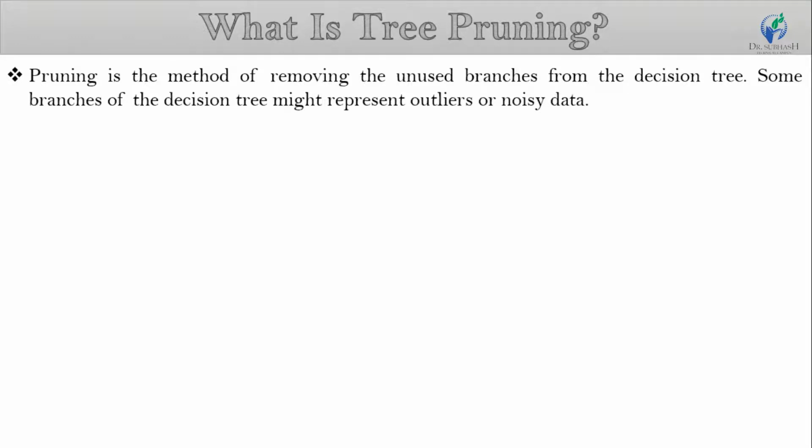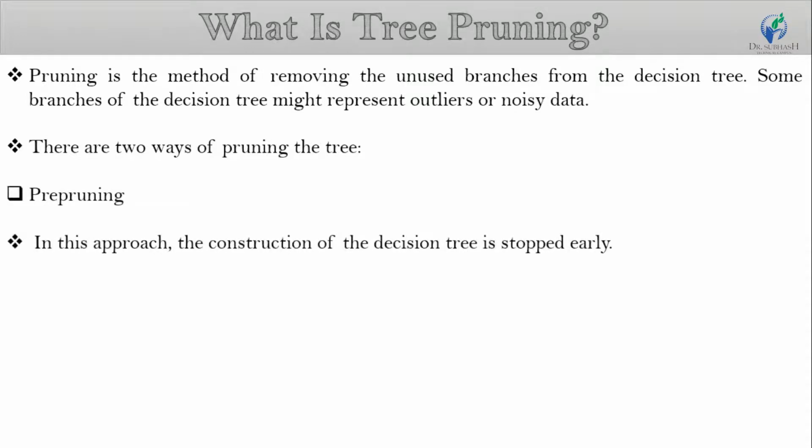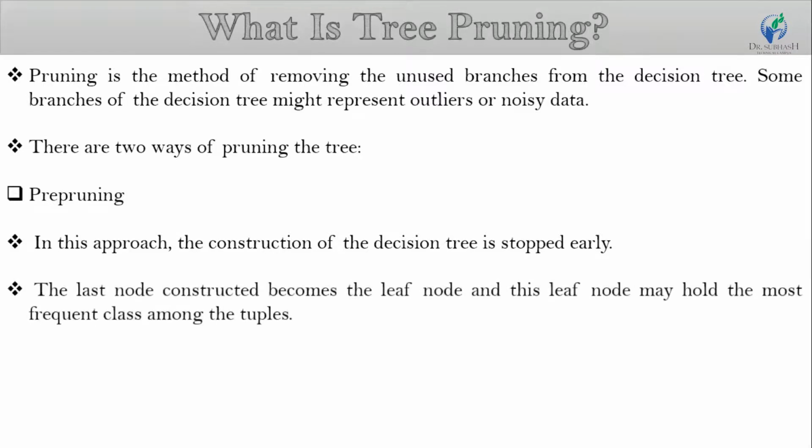Now we will see the two methods of pruning. There are two ways of pruning the tree. First is pre-pruning. In this approach, the construction of the decision tree is stopped early. It means it is decided not to further partition the branches. The last node constructed becomes the leaf node, and this leaf node may hold the most frequent class among the tuples.